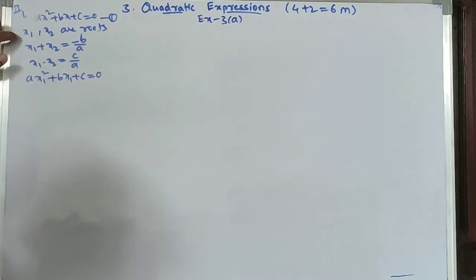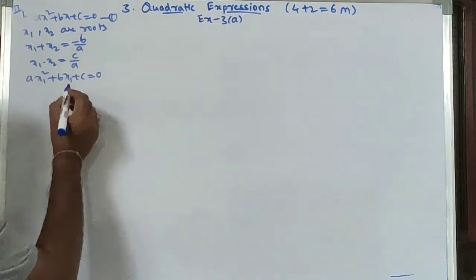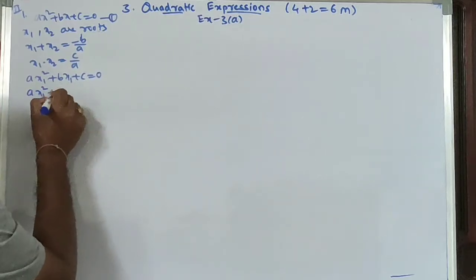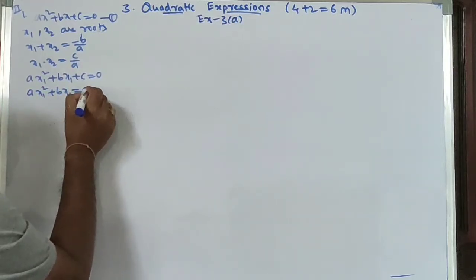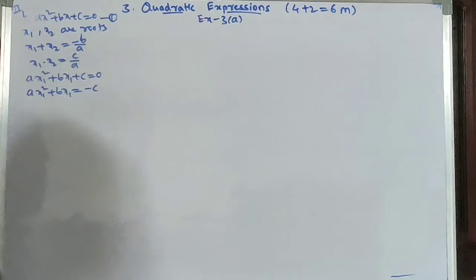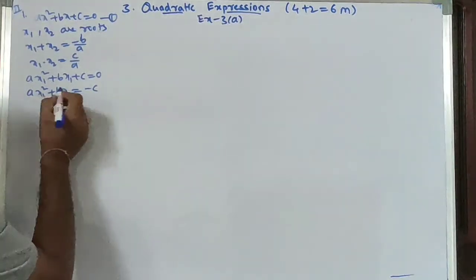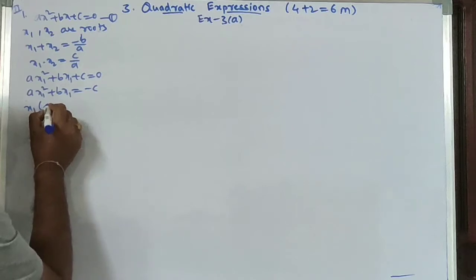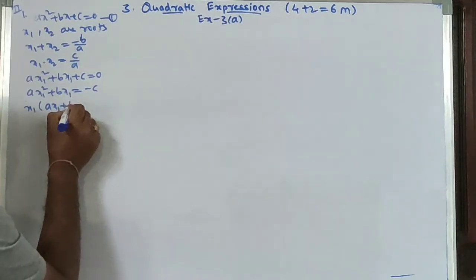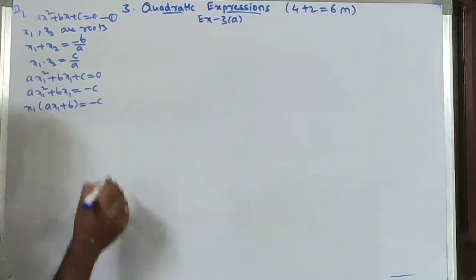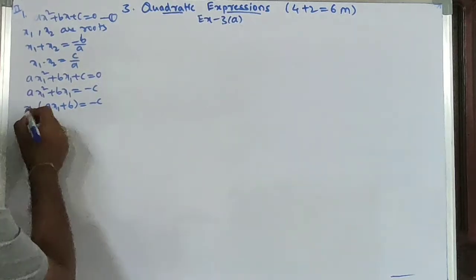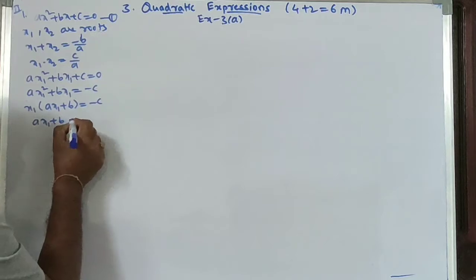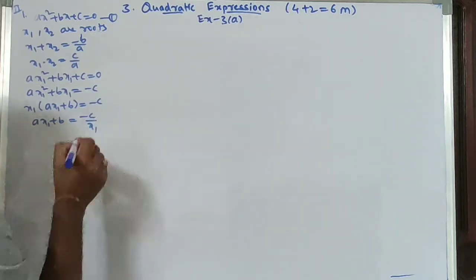Bringing c outside, ax1² + bx1 = -c. Taking x1 common, we get x1(ax1 + b) = -c. Next, bringing x1 outside, ax1 + b = -c/x1.